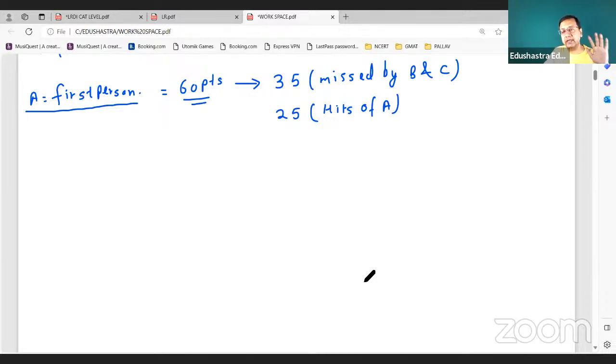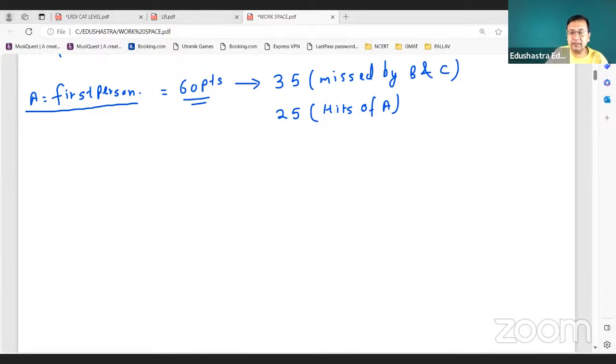So for getting a score of 25, A should hit more than 12 shots, right? So in this, what should I do?